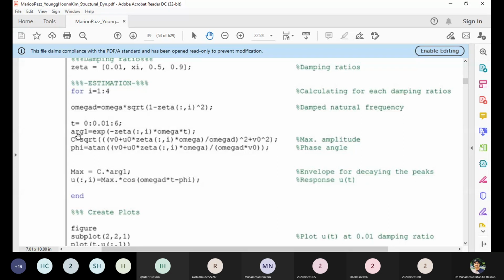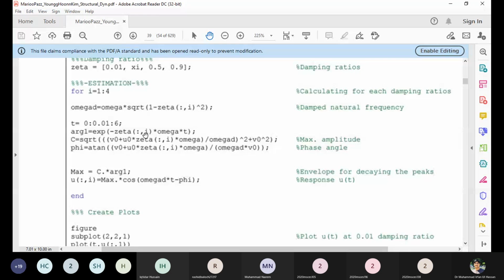The first value is the factor, exponent raised to power minus zeta omega t. This is the exponent argument 1, and C is also computed, square root of v naught squared plus u naught squared. These are the equations that we proved for the undamped system, and this one for the damped system, the underdamped system. You compute argument 1, which is used in that function, and C is basically the amplitude.